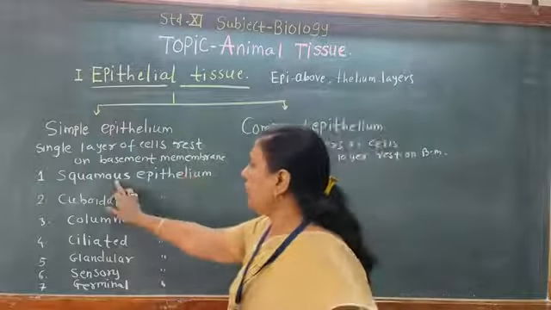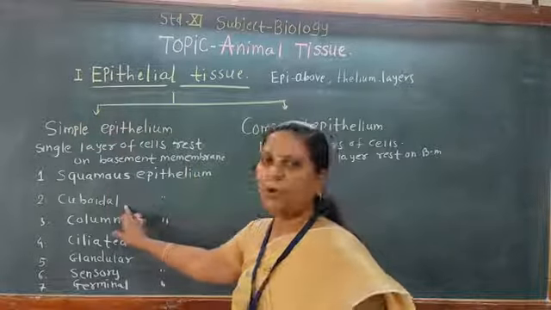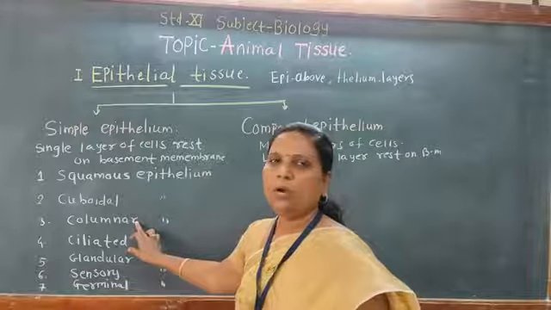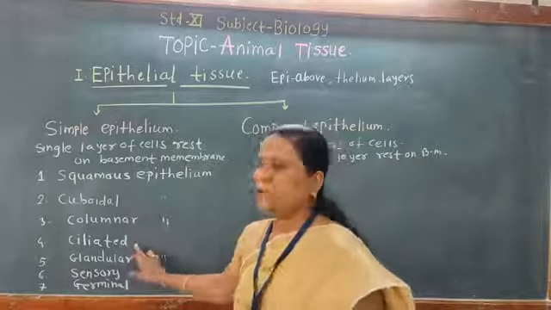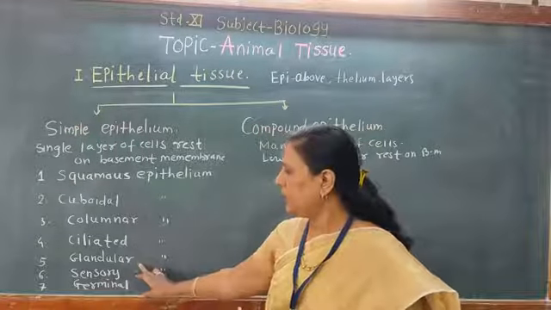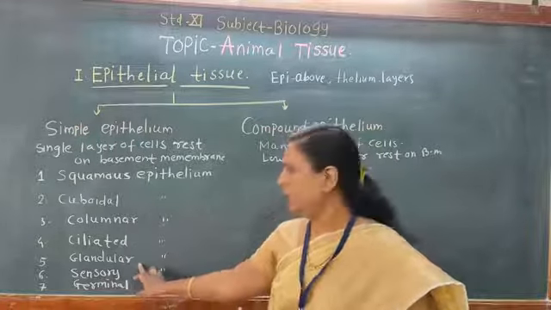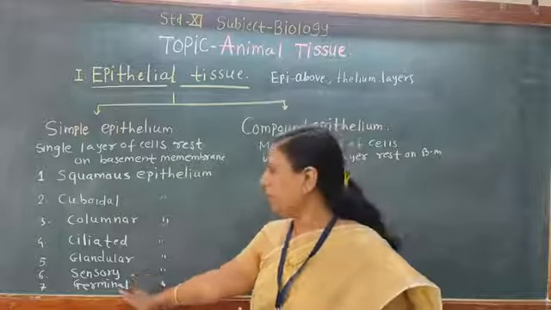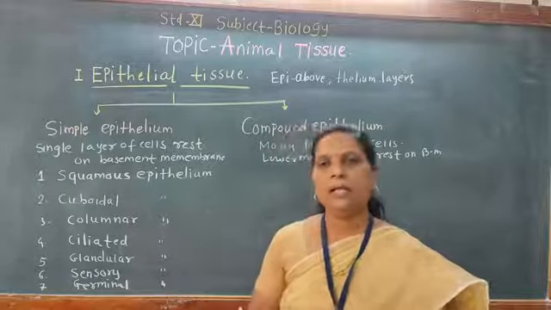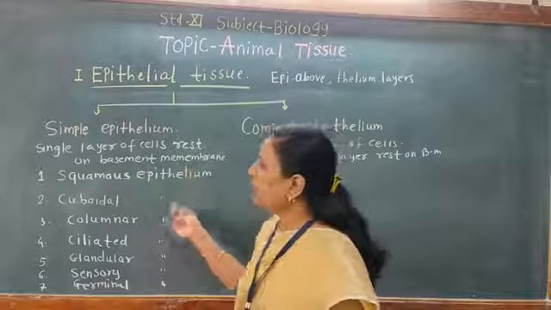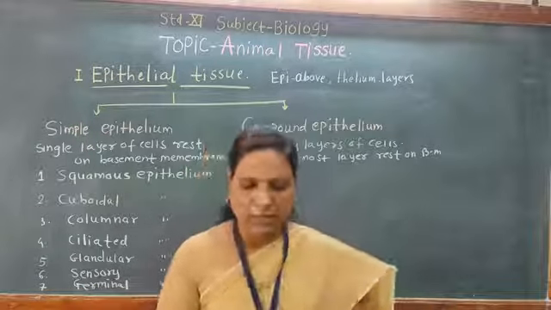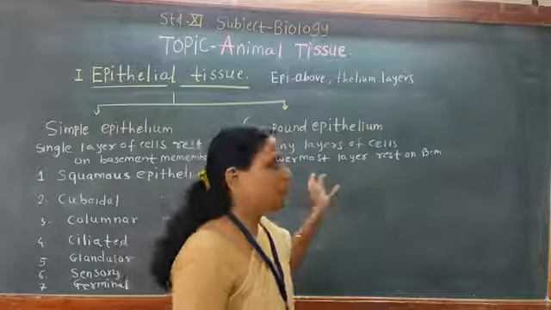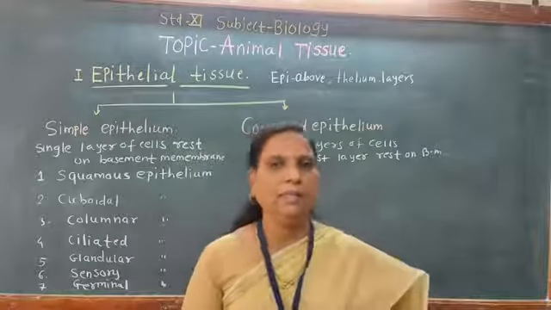First is squamous, next is cuboidal, third one that is the columnar epithelium, number 4 is ciliated epithelium, number 5 glandular epithelium, number 6 is sensory epithelium, and number 7 germinal epithelium. So these are the types of simple epithelium. And next we will study lastly about compound epithelium.